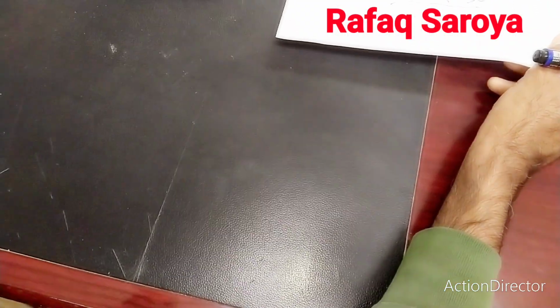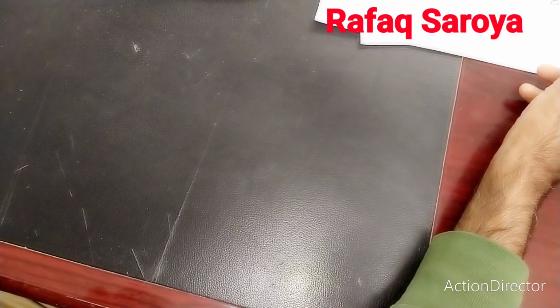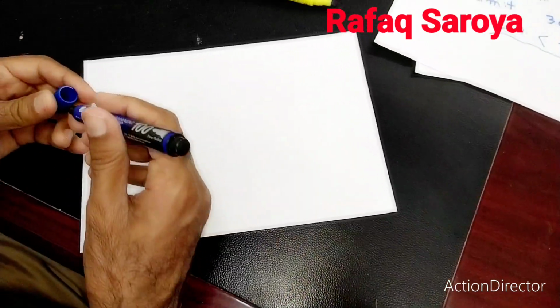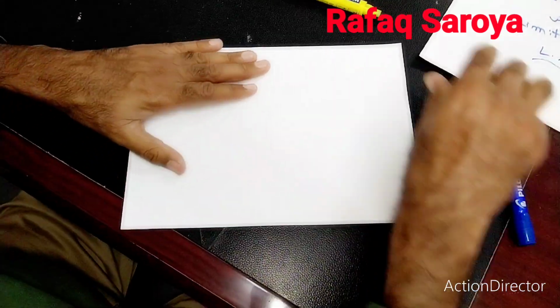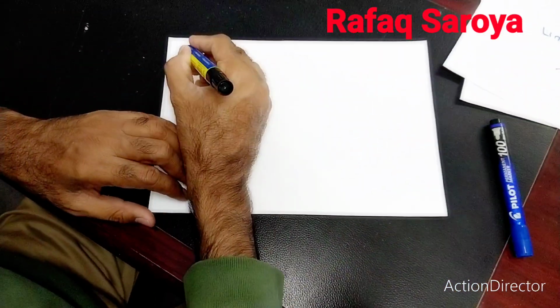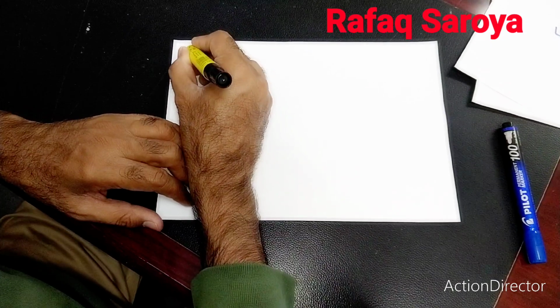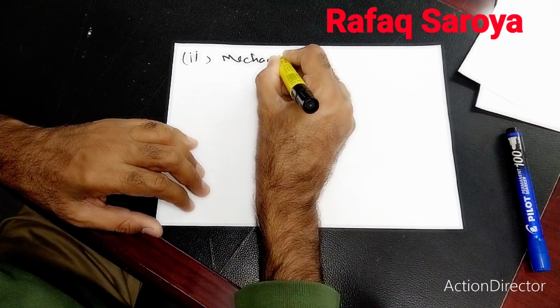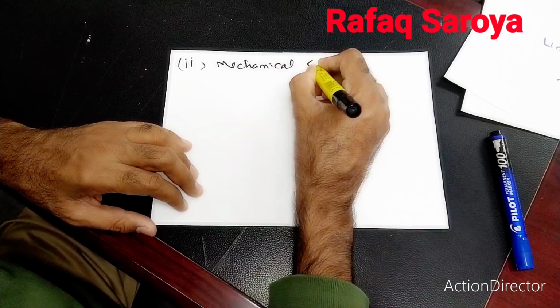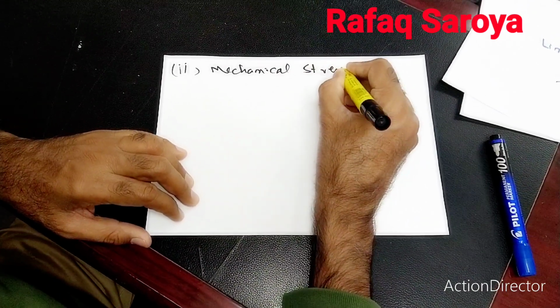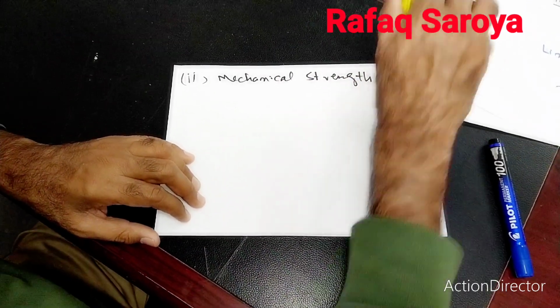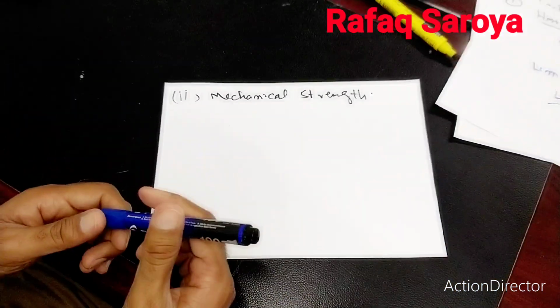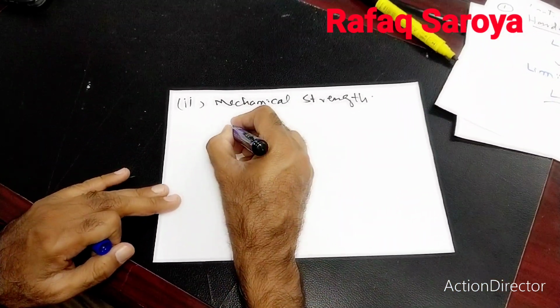After hardness, we are going to explain the second property, mechanical strength of aggregate. This mechanical strength is measured by two methods.